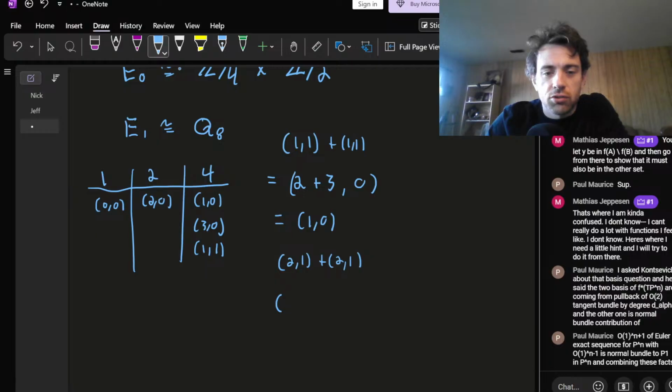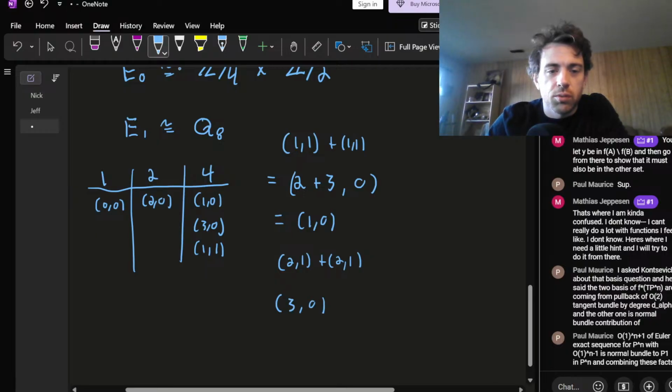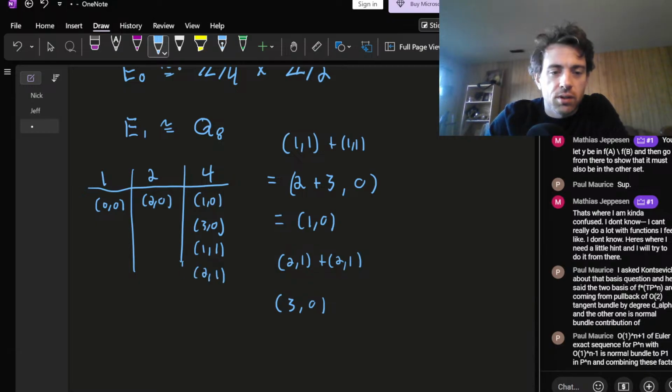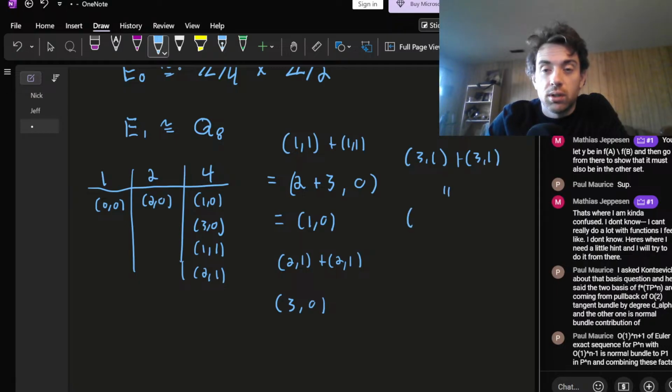The 1 contributes a 3, so it'll be 3, 0. So we know that this element doesn't have order 2. And then finally we check 3, 1. So 3 plus 3 is 2, plus 3 is 1, 0.